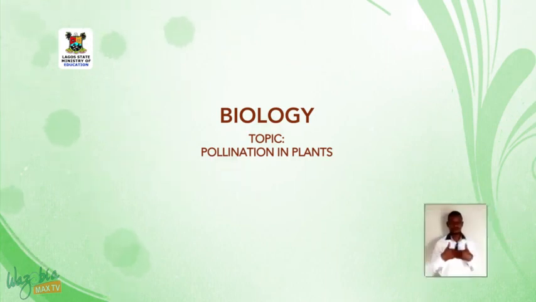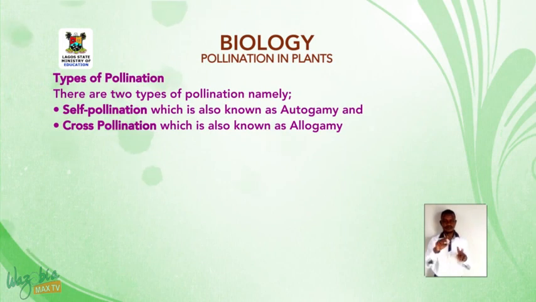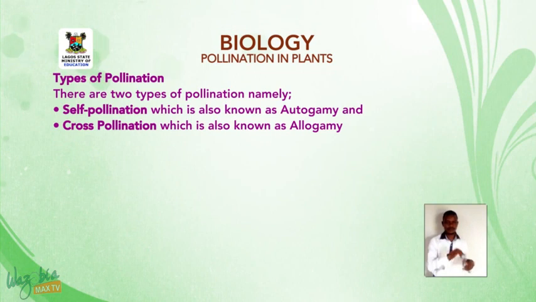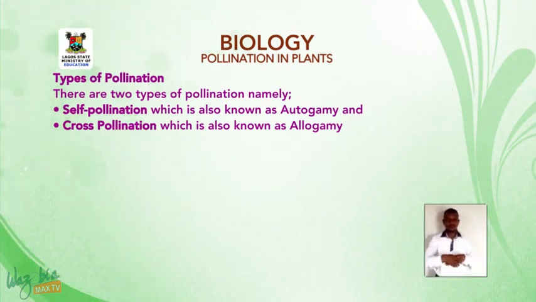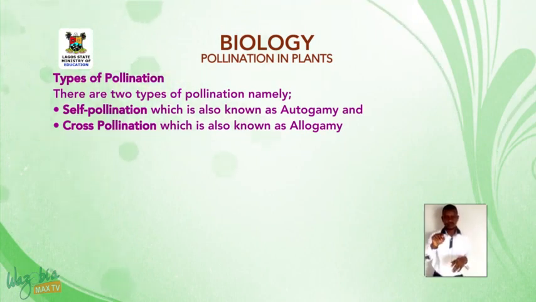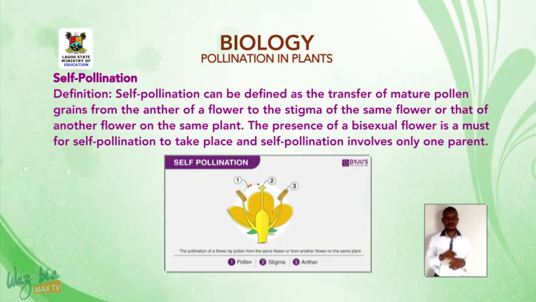Welcome back. Now we discuss types of pollination. There are two types of pollination, namely self-pollination, which is also known as autogamy, and cross-pollination, which is also known as allogamy. What is the meaning of self-pollination?